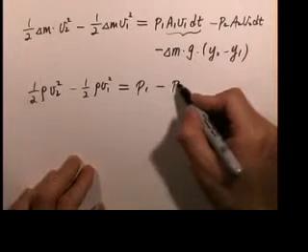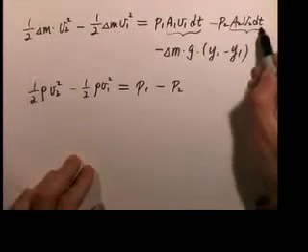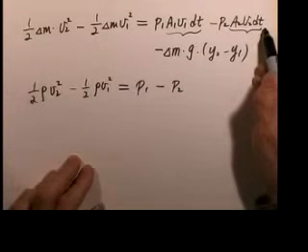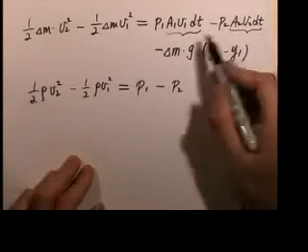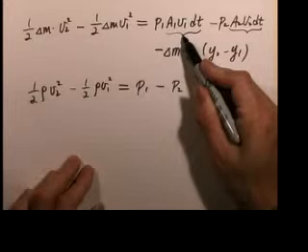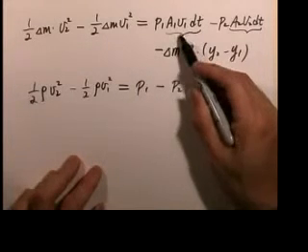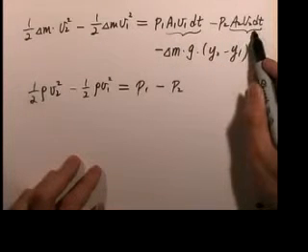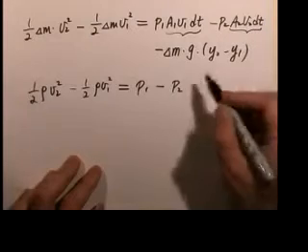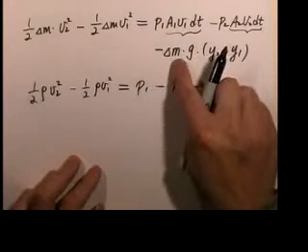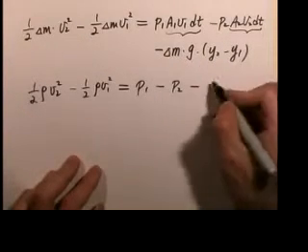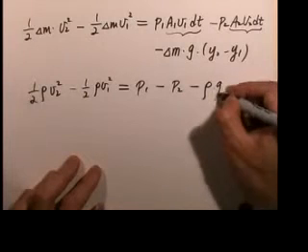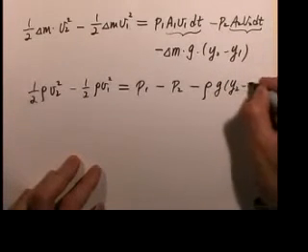P2 A2 v2 dt. What's A2 v2 dt? It is the volume gained at point 2. That equals the volume lost at point 1 due to the equation of continuity, right? So if you divide by A1 v1 dt for every term, it's the same as dividing by A2 v2 dt. So this is gone. What's left? One last term. Delta m over the volume, and that's again rho. Rho g times y2 minus y1.